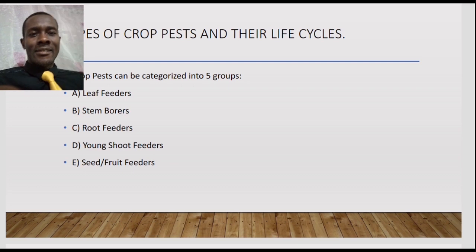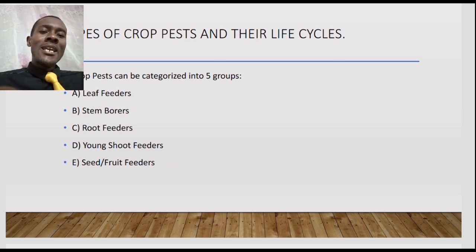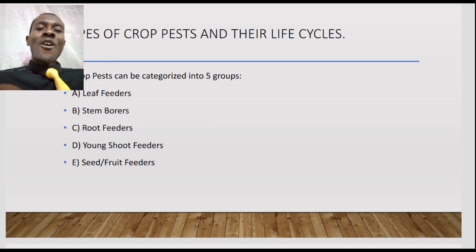These classifications are based on their feeding habits, on what they feed on in a particular crop, whether they feed on the leaves, or they feed on the stem, or they feed on the root. So the first one is leaf feeders. The second one, the stem borers. The third one, the root feeders.